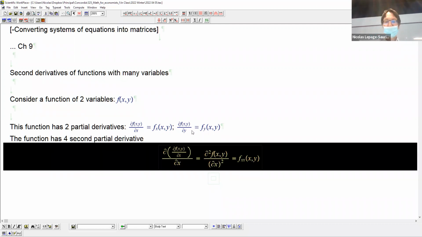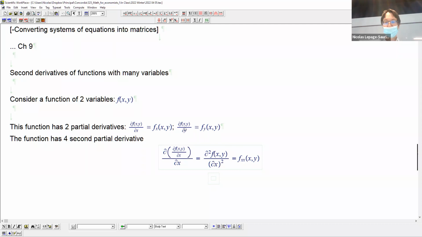And let's do that with the second one too. So with that one, the derivative with respect to y. So derive it the second time with respect to y. And that would be equal to d squared f of xy, dy squared.